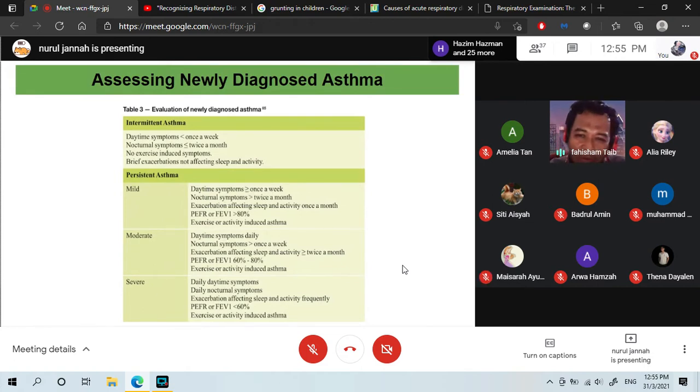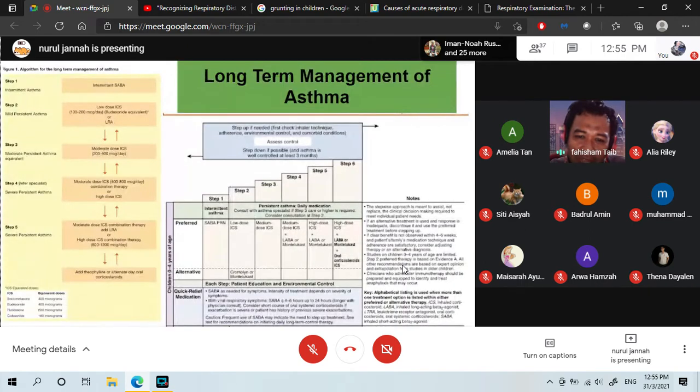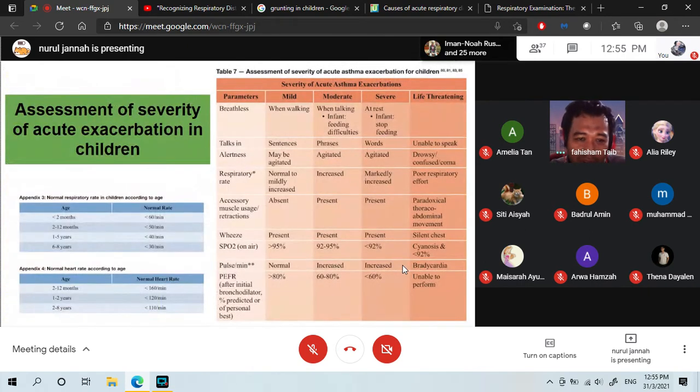Okay, down. What is this? This is acute exacerbation. Severity in acute exacerbation. Because you said just now, the patient presents to you with coughing in outpatient. Maybe there is an element of acute exacerbation, maybe no element of acute exacerbation.